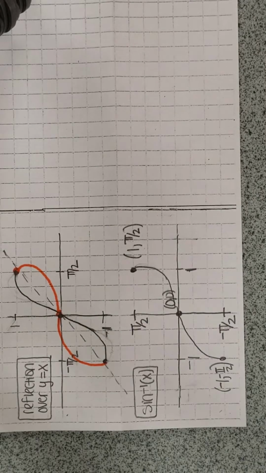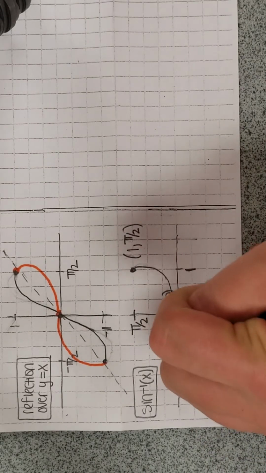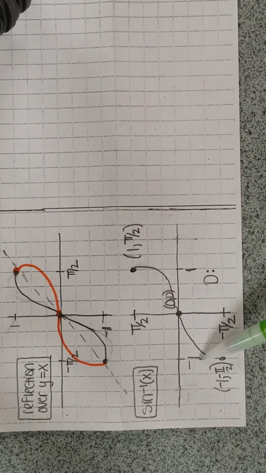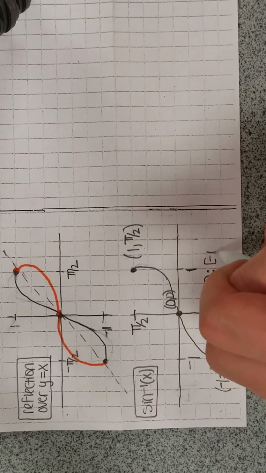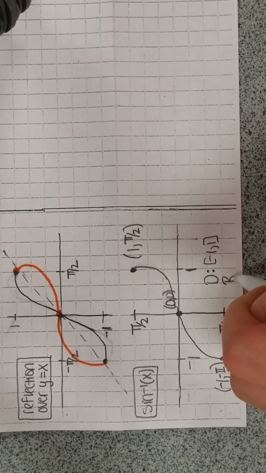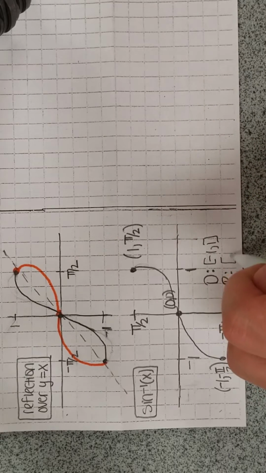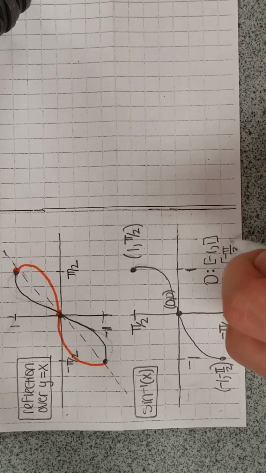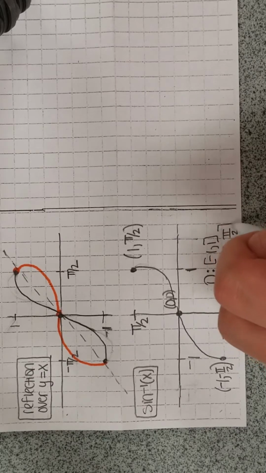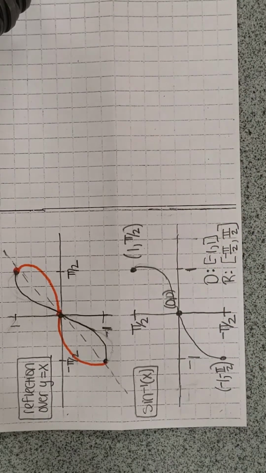Let's talk domain and range. Domain is from -1 to 1. And my range will be from negative pi over 2 to pi over 2. And that is exactly what I expected, because if I look at the domain and range of the original sine graph, the reverse, or the opposite, becomes what I need for inverse sine.